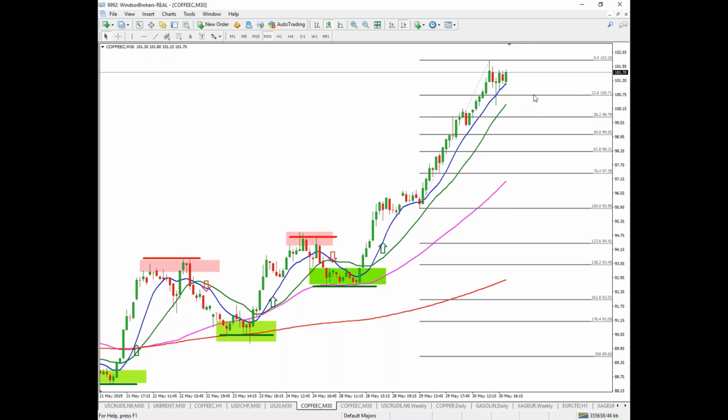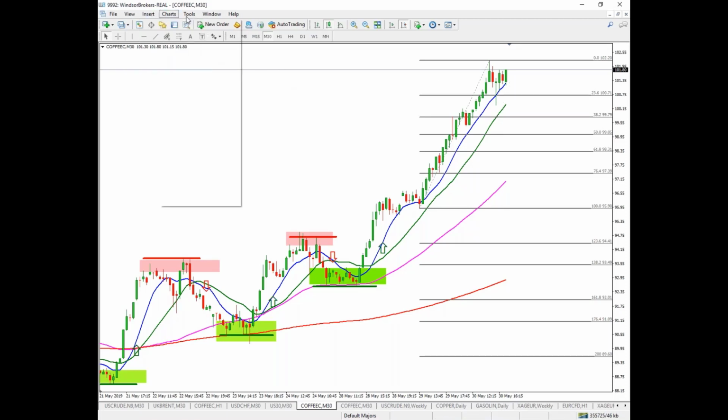Then we have the 23.6% Fibonacci retracement at 100.71. We're still above these, and all the moving averages are moving to the upside, so we can say that the market is still in an uptrend. There is still no risk towards the downside, so our supports hold.